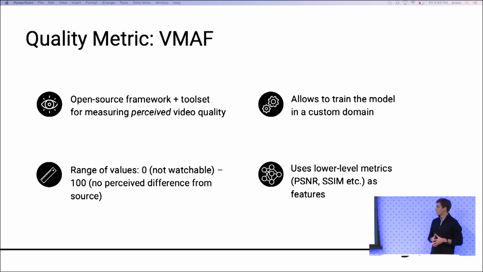And one of the reasons why we decided to use that framework is because it allows you to train on your data set in the domain of choice. For us, we believe that the perception of the video and the things you care about in the quality of the video are different when you're trying to drive a car at 30 miles an hour versus when you're watching a TV show on your sofa.